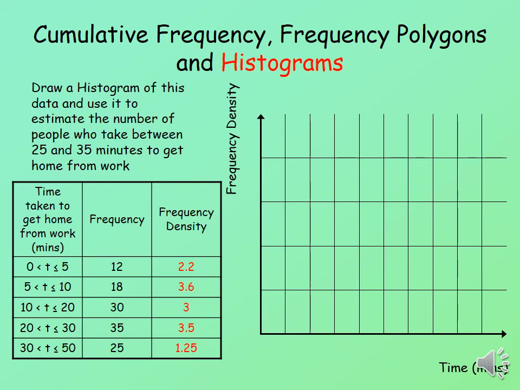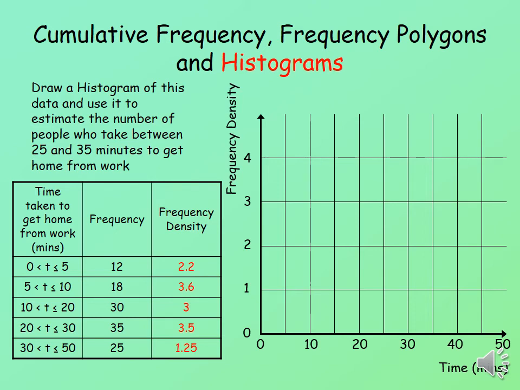Okay, so I'm about to go through the labeling and the drawing. So that's what we have there for the time, because the highest value is 50. So 10-point intervals. And of course the highest density is 3.6, so we only need to go up to 4.